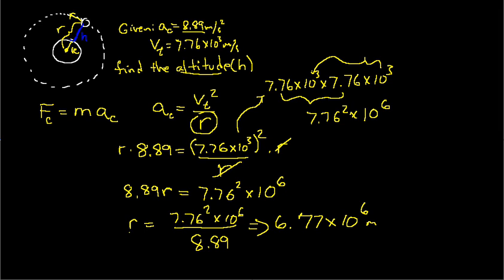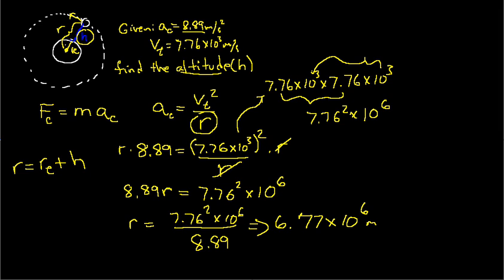But now remember, they didn't ask for r, they asked for h, the altitude, up here. So r is the radius of the Earth plus the altitude h. That's what we said.